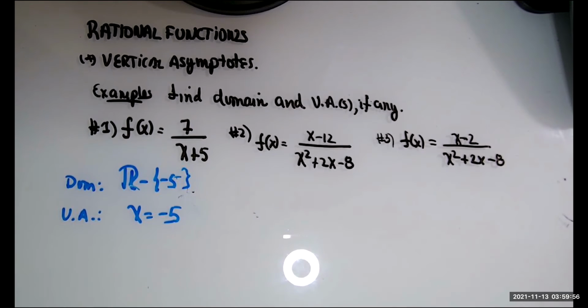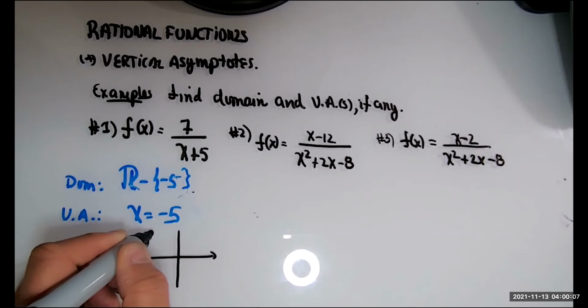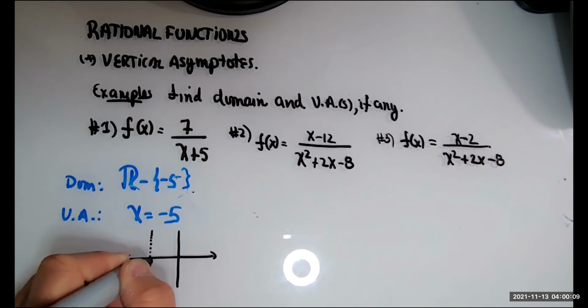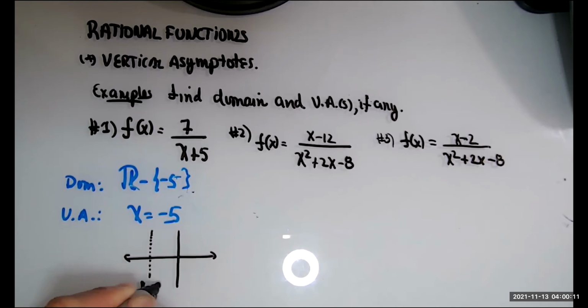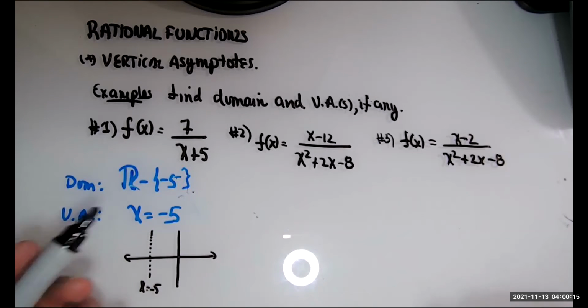So what do we know about this graph? We don't know much and we know a lot. We know that there will be a wall here at x equals -5 that will hold the graph. So this graph, we don't know the behavior.